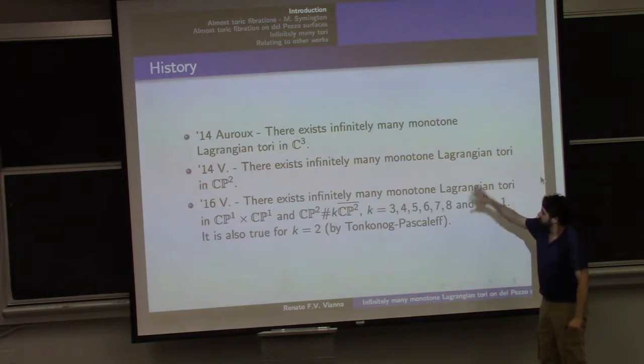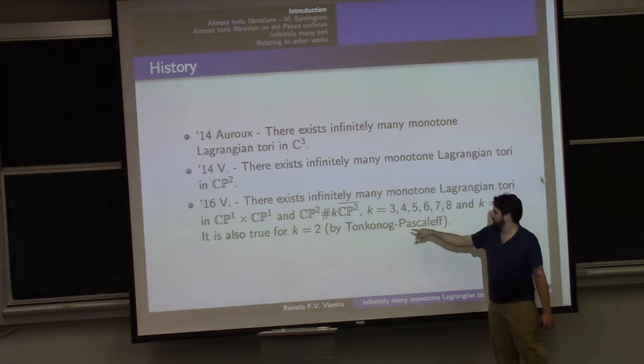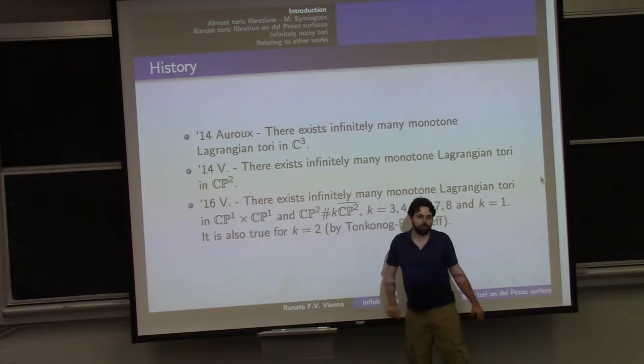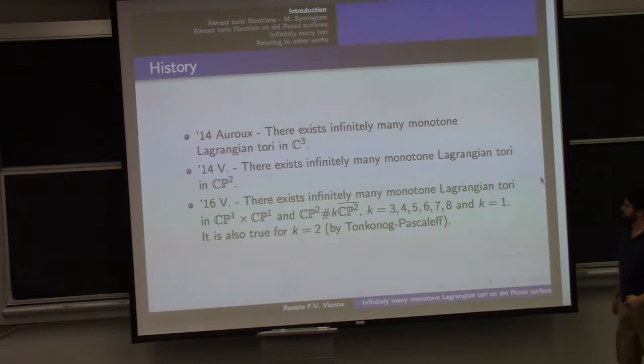I constructed infinitely many Lagrangian tori for many of them, but my technique didn't allow me to show that they are different. But now, with the theorem of Tonkonog-Pascaleff, one can also conclude that they are different for k equals 2. So there are infinitely many Lagrangian tori in all the del Pezzo surfaces.